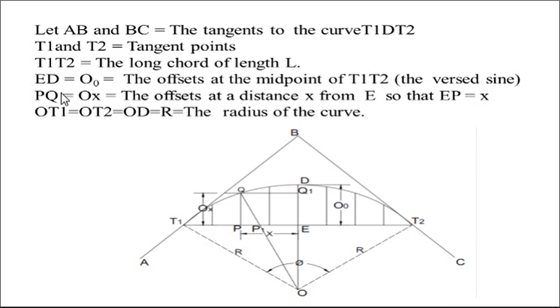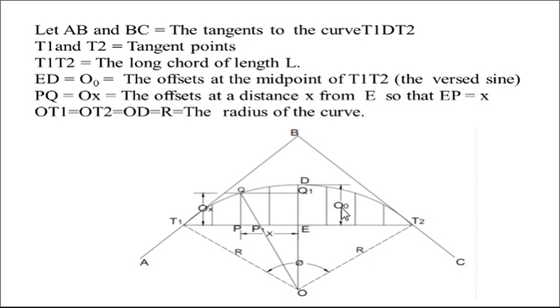Next, ED is equal to O0, the offset at the midpoint of T1T2, and it is also called the versed sine of the curve. Here E is this point and D is this point. This central offset is denoted as O0.